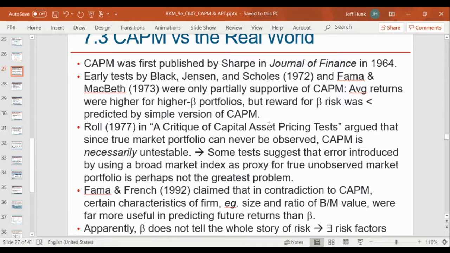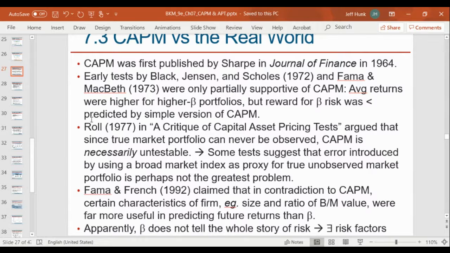The reward, in other words, the excess return on stock i, must be on average 1.5 times the market risk premium. But what they found empirically at the time was that it wasn't 1.5, it was less.